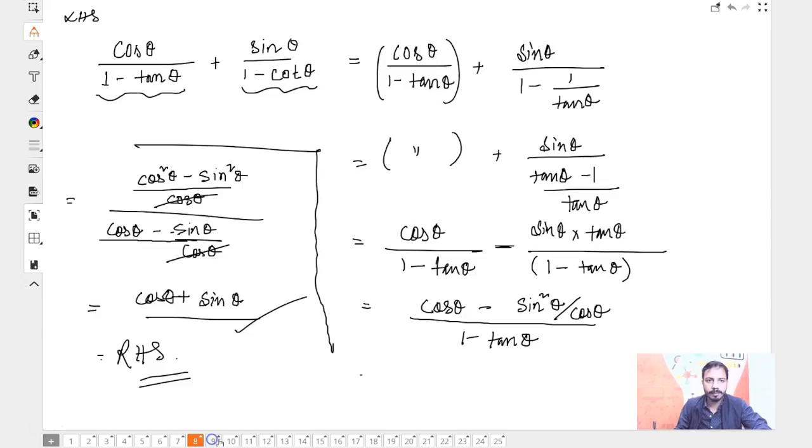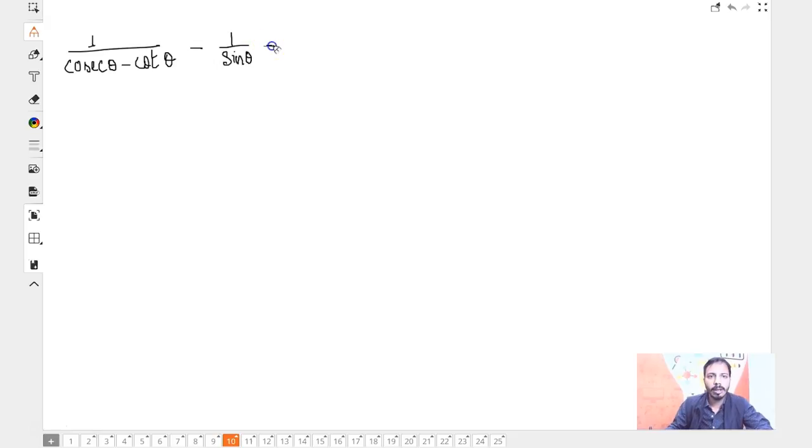So again, if you see this question, okay, so now cosec square theta minus cot theta. How do I simplify this? What is the relation between them? So if you see the relation between them, we know that cosec square theta is equal to 1 plus cot square theta, or in other words, cosec square theta minus cot square theta is equal to 1.